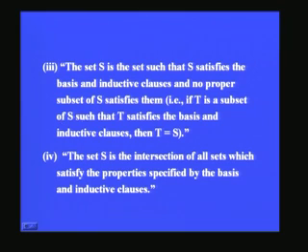That is, if T is a subset of S such that T satisfies the basis and the induction classes, then T is equal to S. Or you can say it in this way, the set S is the intersection of all sets which satisfy the properties specified by the basis and the inductive classes.